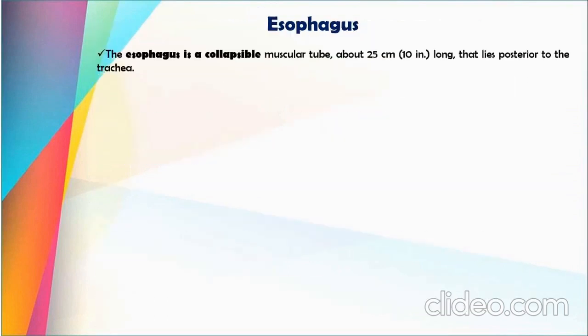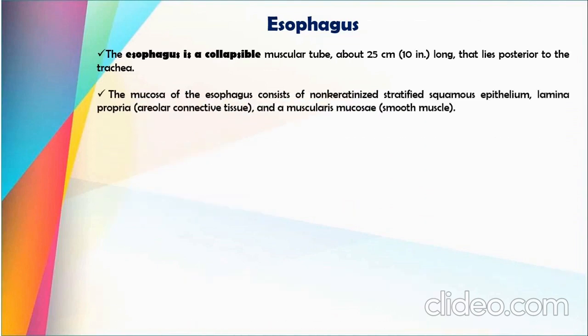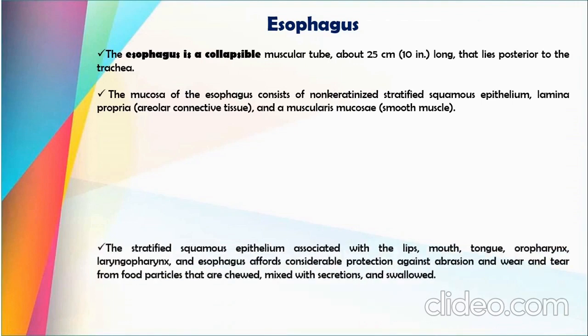Esophagus. The esophagus is a collapsible muscular tube about 25 cm, or 10 inches, long that lies posterior to the trachea. The mucosa of the esophagus consists of non-keratinized stratified squamous epithelium, lamina propria, which is areolar connective tissue, and muscularis mucosa, which is smooth muscle.